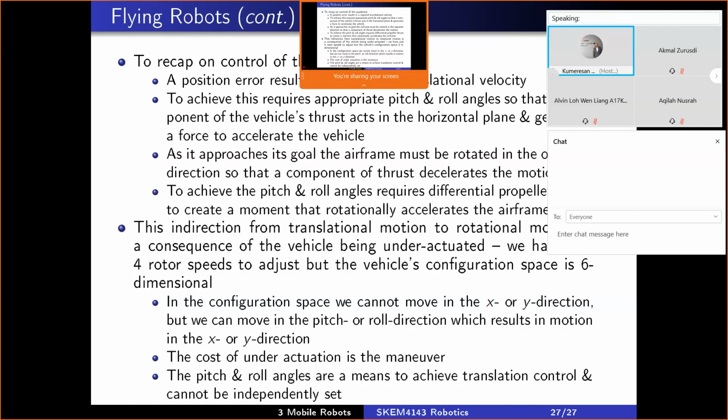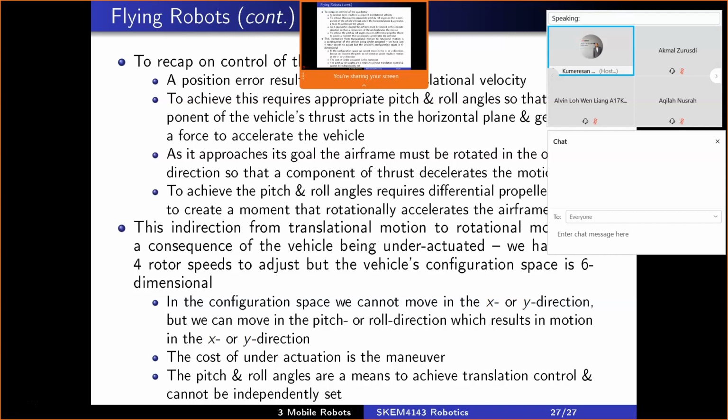And in order to rotate your quad rotor, you need to have torque, right? You need to have pitching torque or rolling torque. And then finally, in order to have the torque, you have to make sure the propellers are rotating at certain speeds.